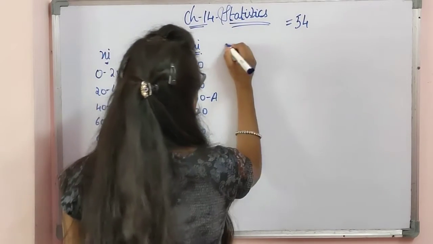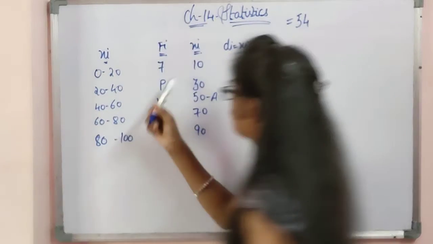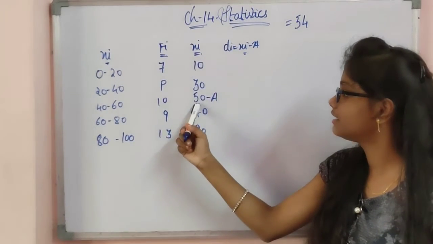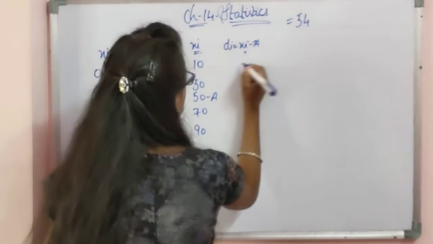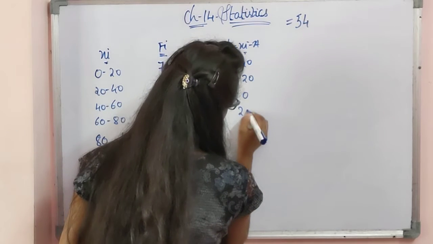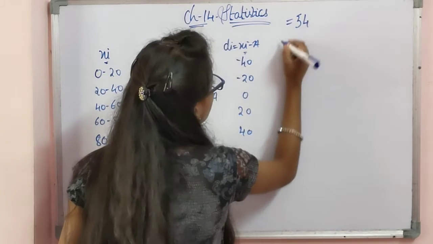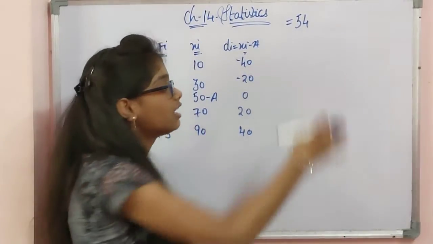Now we have to find di equals xi minus a. These are all the xi's and this is a. So you will get minus 40, minus 20, 0, 20, 40. As I said for every method, a column will be added.